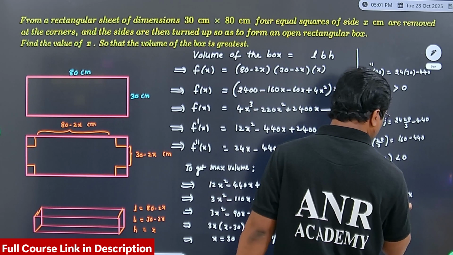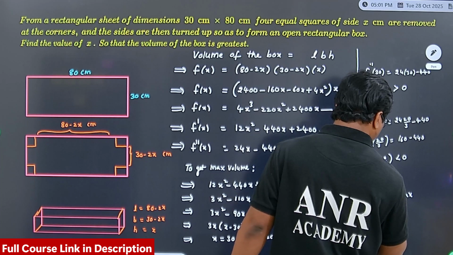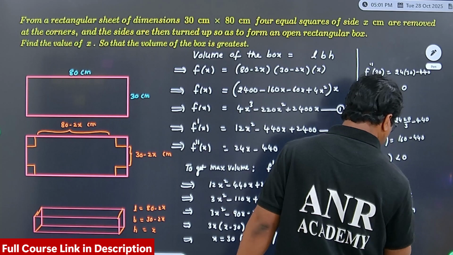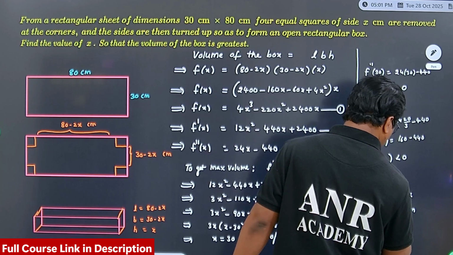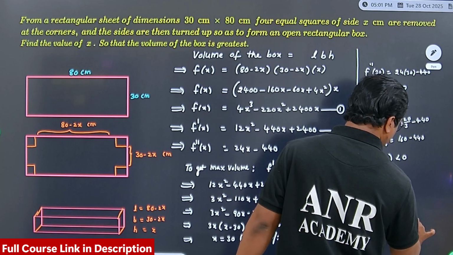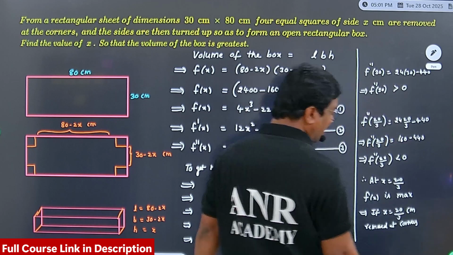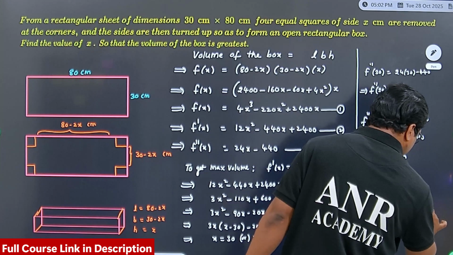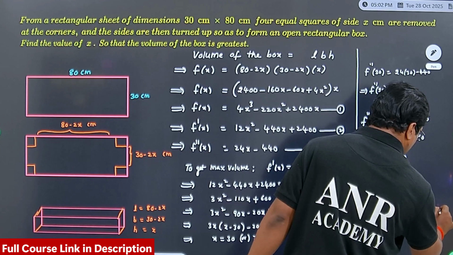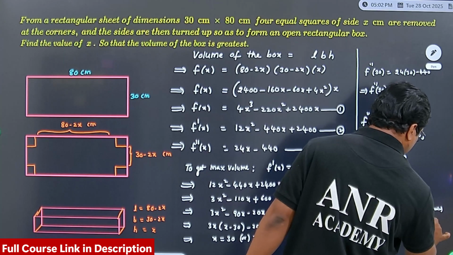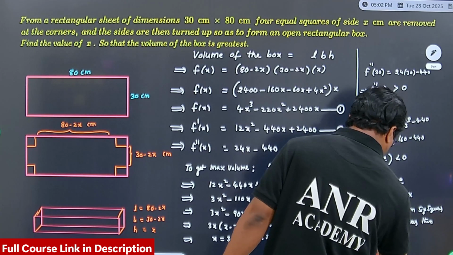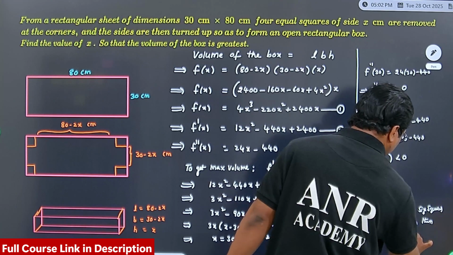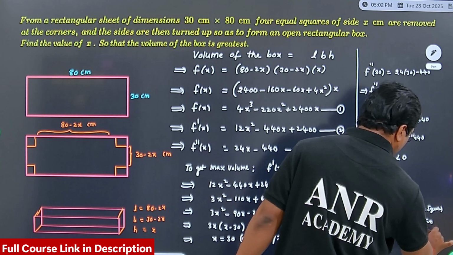F of x is maximum implies if x equal 20 by 3 centimeters removed at corners, if x equal 20 by 3 centimeters size squares are removed at corners, then there exists maximum volume.